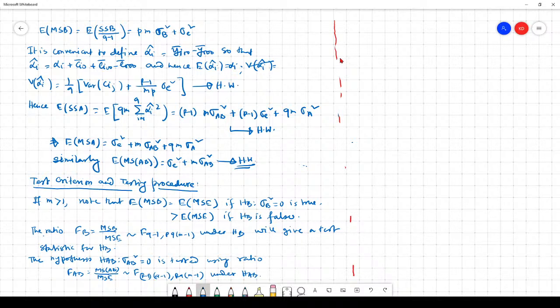So note that expectation MSA equal to expectation MSAB and greater than expectation MSAB. So under HA.